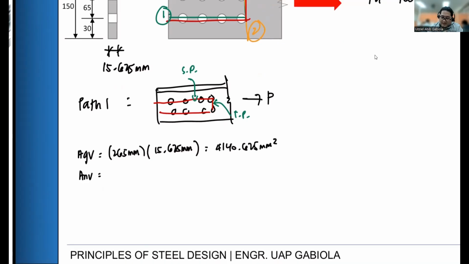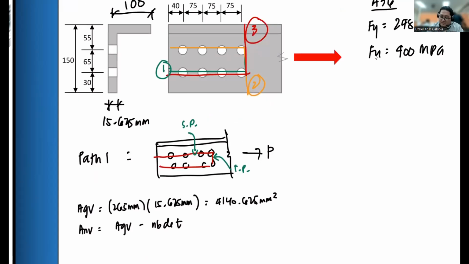So for net area, that formula will be AGV minus the number of bolts we pass through in the shear plane, times DET times T. So here, always from the center going to the edge of our plate, that is our shear plane. That means the number of bolts is 1, 2, 3, and then only half at the end, so that is 3.5.